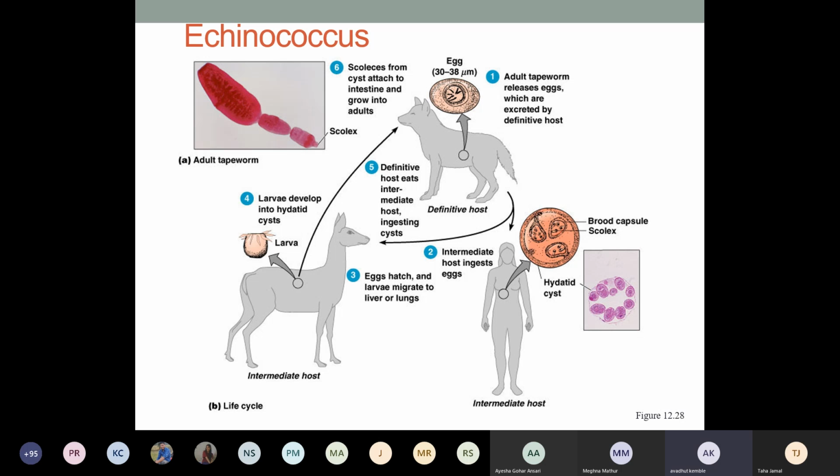The intermediate host or accidental host ingests this and gets infested with Echinococcus. The intermediate host, which is naturally a sheep, ingests the egg. This egg, when it goes into the intestine of a sheep, gets converted into larva.